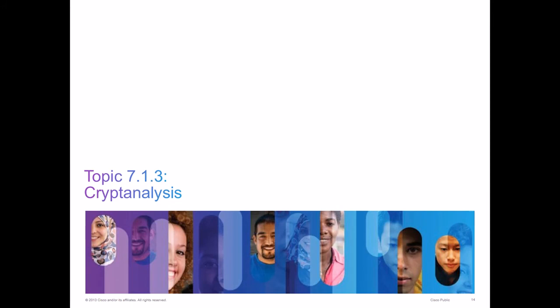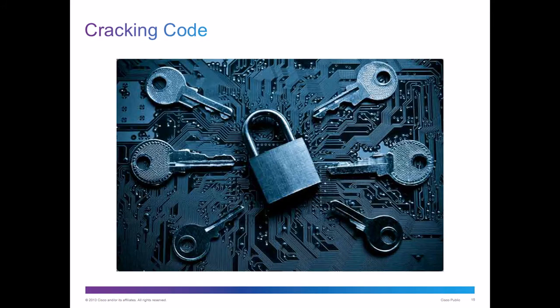All right, so let's talk about cryptanalysis. Cryptanalysis is the way you crack the code. You analyze the actual code and try to figure out what the code is. That's been done in World War I, World War II, all the way back to, like I said earlier, Julius Caesar's time. If you can figure out what the code is, then you can figure out the data that's being transmitted, and that could mean in a battle that you can win the battle very easily.